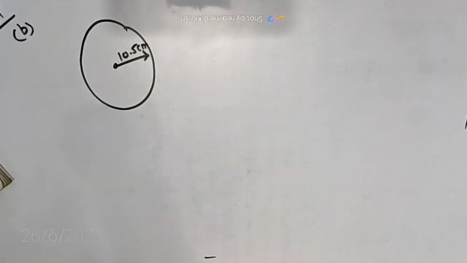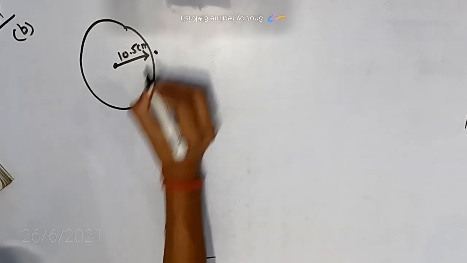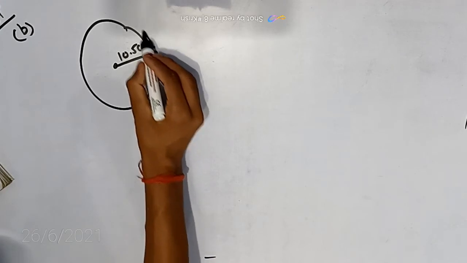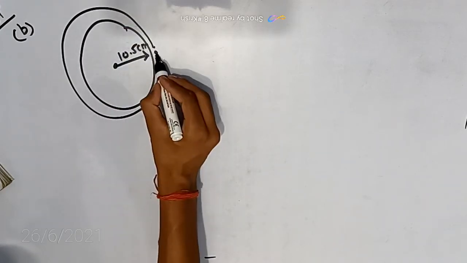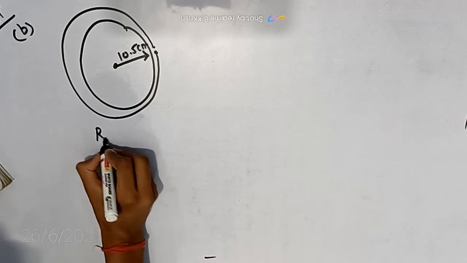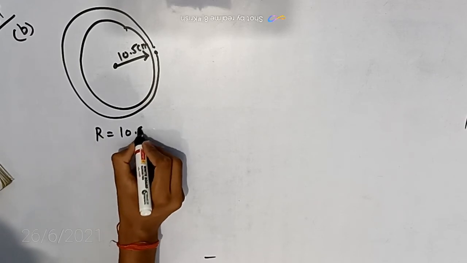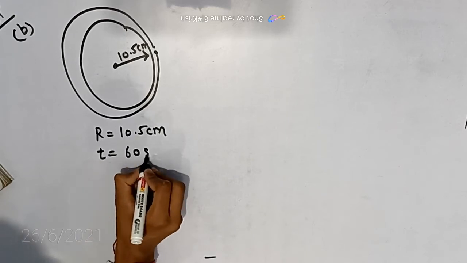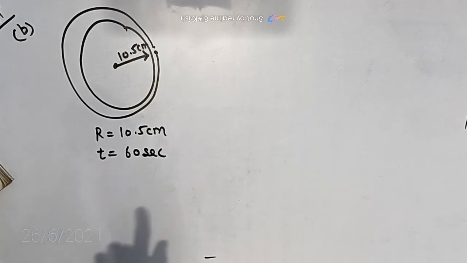The question says that starting from here, the second hand tip takes 60 seconds to complete one revolution. So R is 10.5 centimeter and time is 60 seconds, and it is asking us to find the speed.